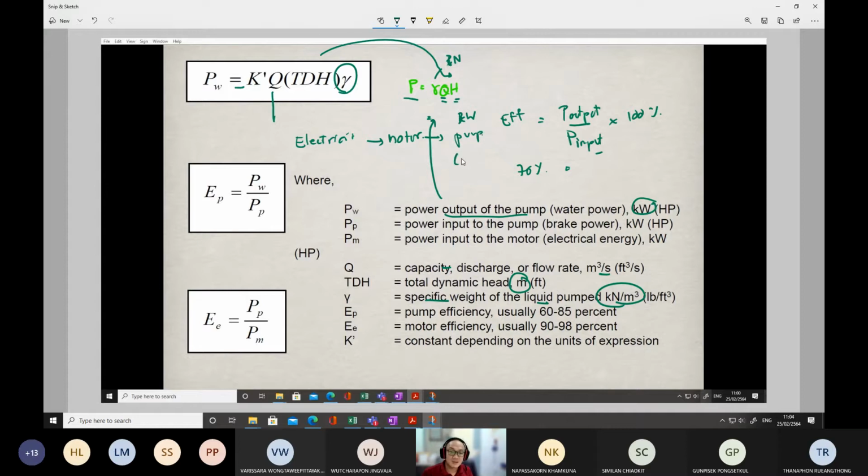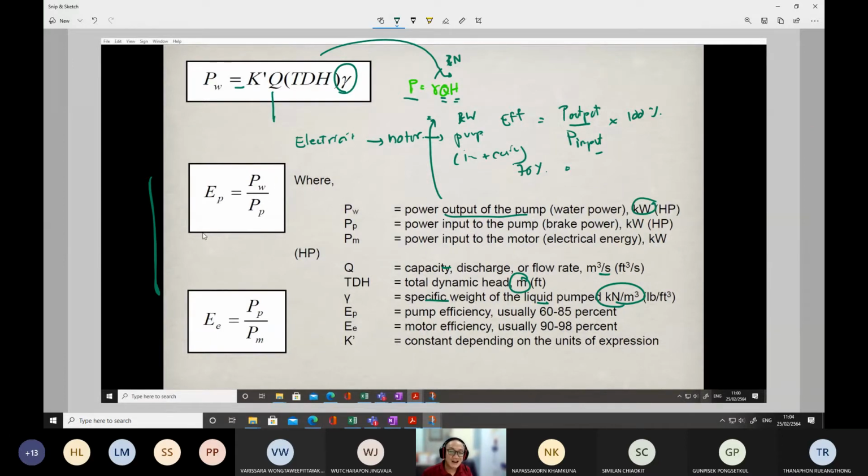So pump here means the impeller plus casing. In this slide, the method for the determination of the efficiency is a little bit more complicated.